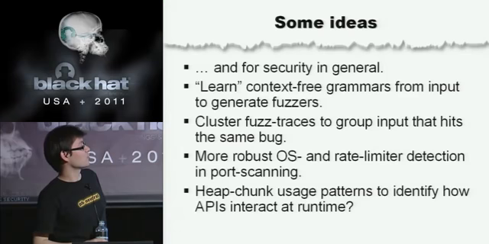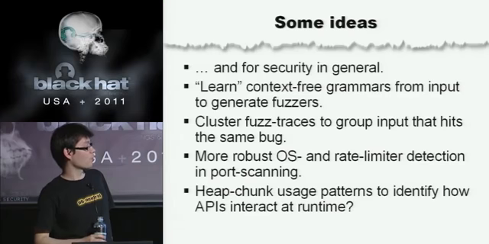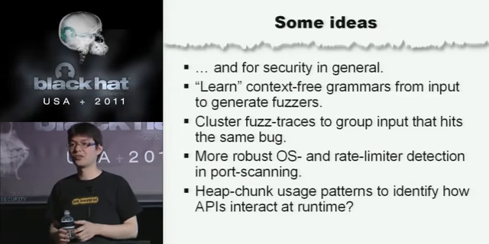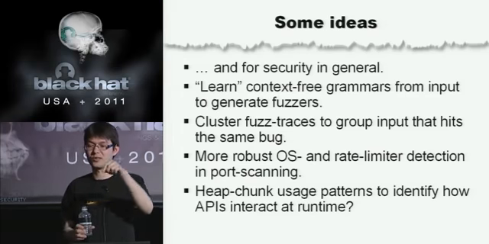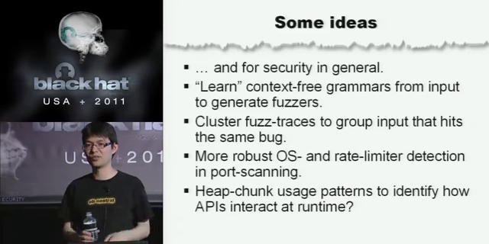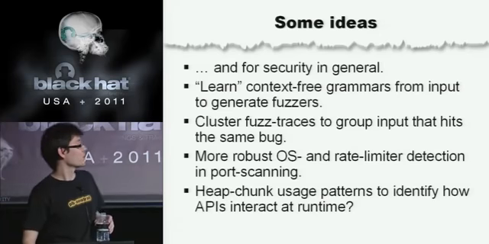So if, for example, you could learn context-free grammars from input to generate fuzzers. Or you could cluster fuzz traces to group input that hits the same bug. Often people come up to you and say, I have 5 bugs in this and that, but really it turns out to be just the same bug, hit in very similar but slightly different ways.